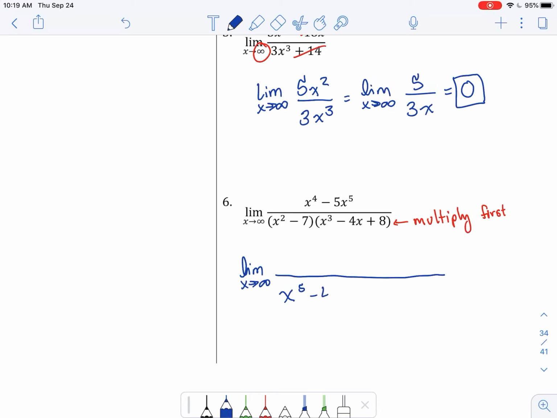And then we can multiply minus 4x to the 3rd plus 8x squared minus 7x cubed plus 28x minus 56. And then we have x to the 4th minus 5x to the 5th.